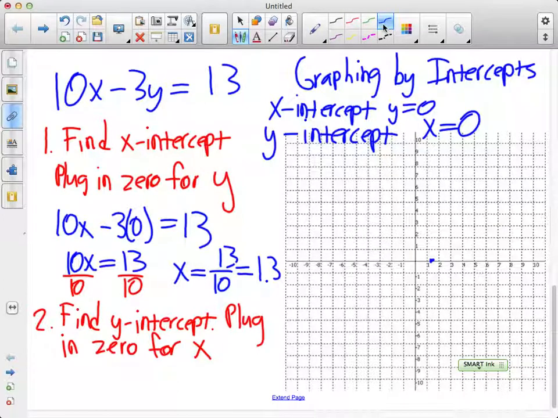So now we have 10 times 0 minus 3y equals 13.